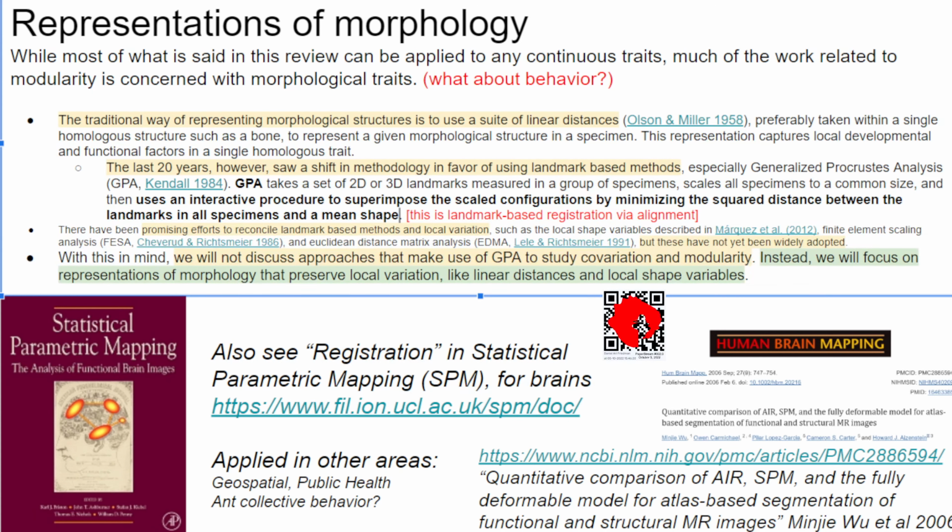So that's pretty interesting to tie back to statistical parametric mapping, SPM, and the early chapters on image registration and alignment. And the authors write, we will not discuss approaches that make use of GPA to study covariation and modularity. Instead, we will focus on representations of morphology that preserve local variation, like linear distances and local shape variables.